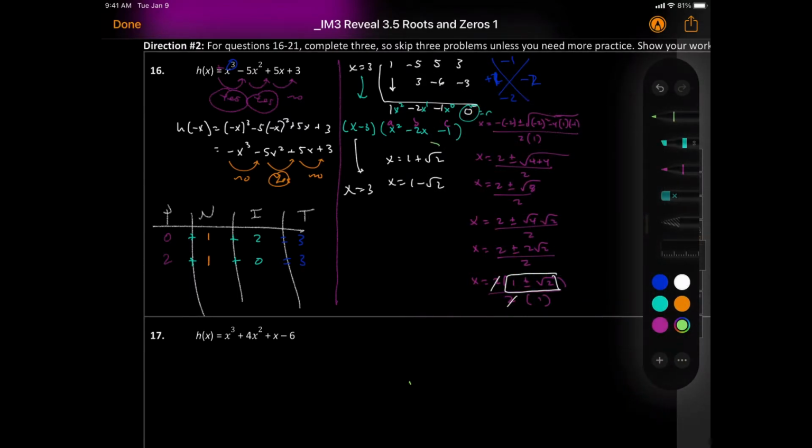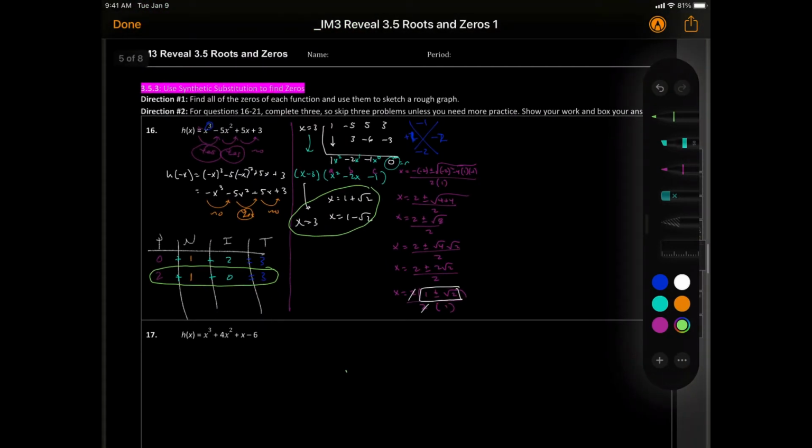Because this is 3 zeros, and this one matches this one, because notice how it has 2 positives, x equals 3 and x equals 1 plus radical 2, and then the negative is the 1 minus radical 2. So if we do a quick sketch, let's do it over here.